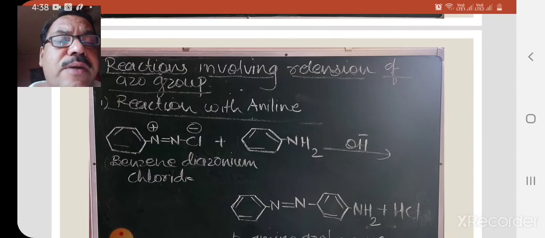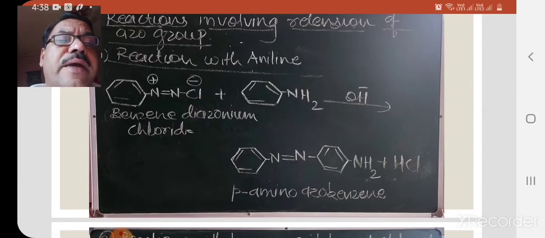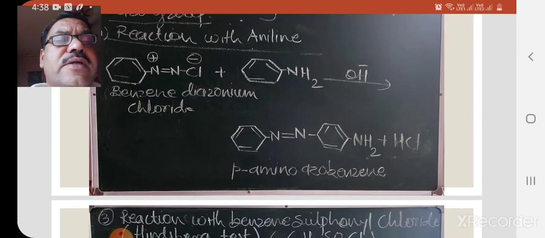When benzene diazonium chloride is reacted with aniline in the presence of a base like NaOH or KOH, para-aminoazobenzene is formed. Again, the hydrogen of aniline and chlorine from benzene diazonium chloride get eliminated. The N double bond N group remains as it is, therefore it is retention of the azo group, and the product formed is para-aminoazobenzene.